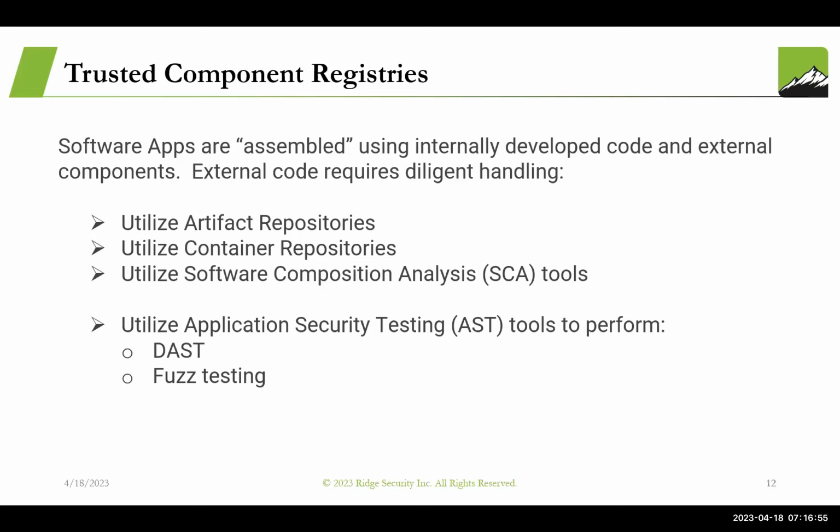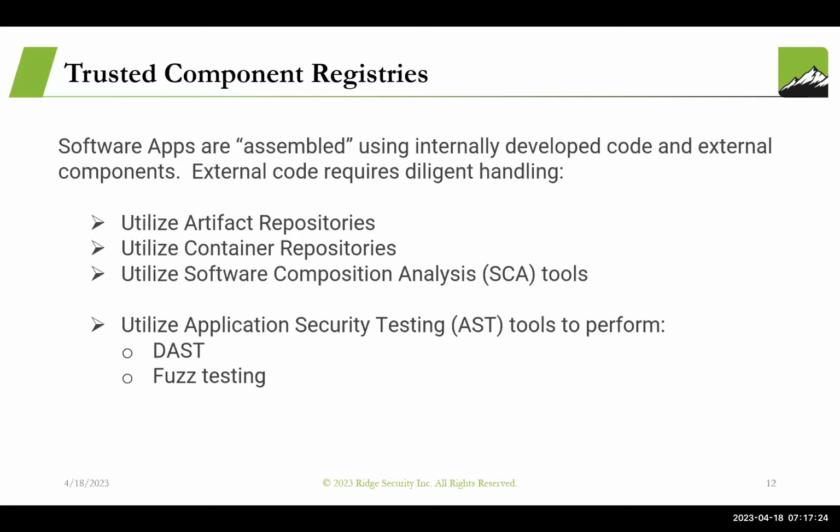The repositories basically act as a trusted source for the sanctioned artifacts, software components, and containers. Notice repositories are recommended for both artifacts and containers, as I mentioned. So using a container repository these days is quite important.